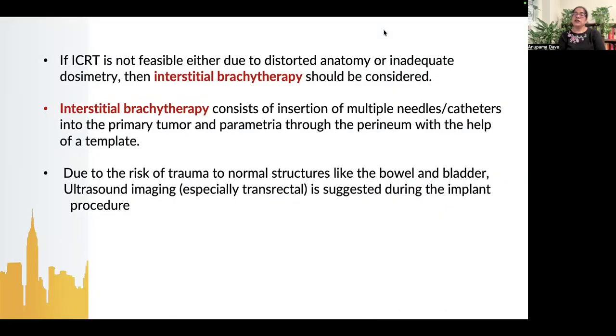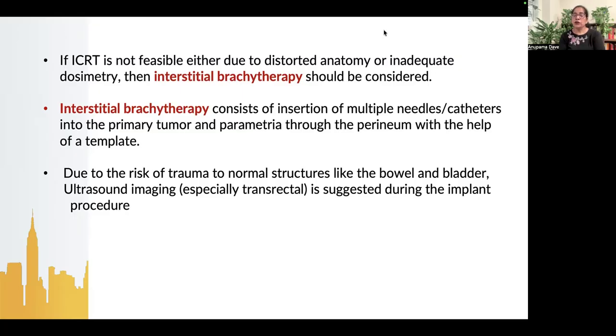If intracavitary radiotherapy is not feasible, either due to distorted anatomy or inadequate dosimetry, then interstitial brachytherapy should be considered. Interstitial brachytherapy includes insertion of multiple needles or catheters into the primary tumor and parametria through the perineum with the help of a template.